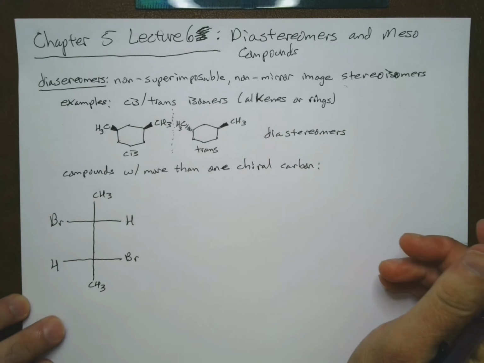So this is second, so 1, 2, 3. That 1, 2, 3 would be R, but since the hydrogen's in front, that's S. Let me write it in red here. Sorry, S. And then this guy is 1, well, that carbon and that carbon. This carbon is bonded to an oxygen.